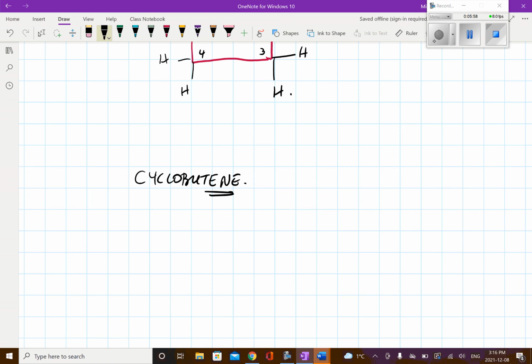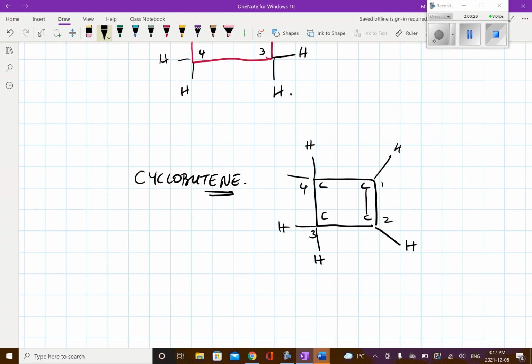So we'll have 4 carbons, carbon, carbon, carbon, carbon, and here we will have a double bond. If we label it 1, 2, 3, and 4, then we will have 1 hydrogen here, or 1 hydrogen here, and 2 hydrogens on 3 and 4.